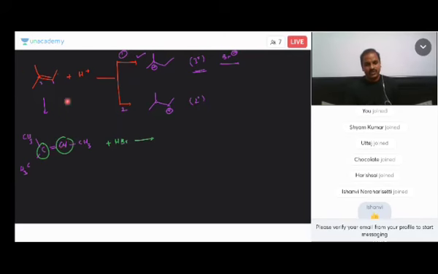Therefore, you add the nucleophile to this carbon and the electrophile to this carbon. So the final product is the same as what we expected. Here CH3, here CH, CH3, here Br, here hydrogen. So this is the major product.